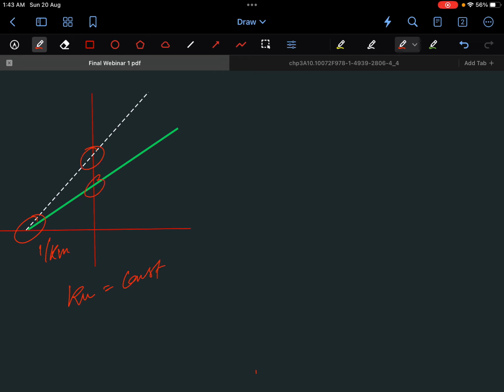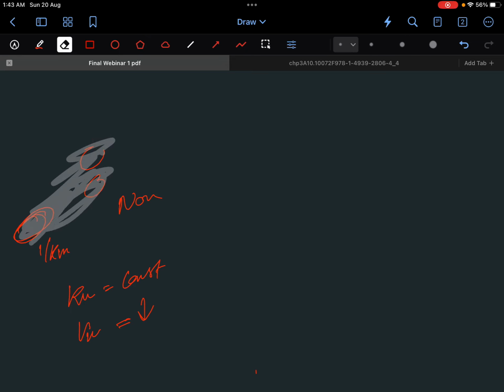And 1 by Vmax is changing, but Vmax can only decrease or stay constant. It is not constant, so Vmax must be decreasing. N means non-competitive. This is the graph of non-competitive, and for non-competitive, Km is constant and Vmax is decreasing. You can just intuitively tell all these things right now.